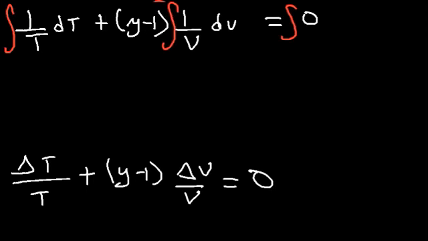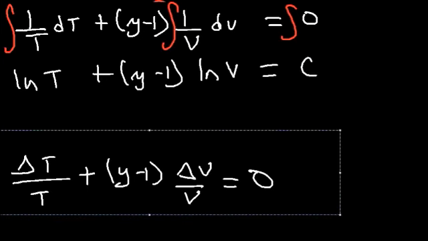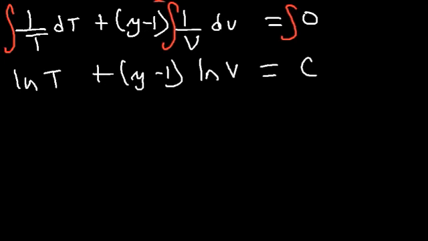Now, if you recall, we said the antiderivative of 1 over x is ln x. So the antiderivative of 1 over T is ln T. And the antiderivative of 1 over V is simply ln V times the constant in front of it, which is gamma minus 1. The antiderivative of 0 is equal to a constant. Now, a property of natural logs allows us to take the constant in the front and move it to the exponent position.